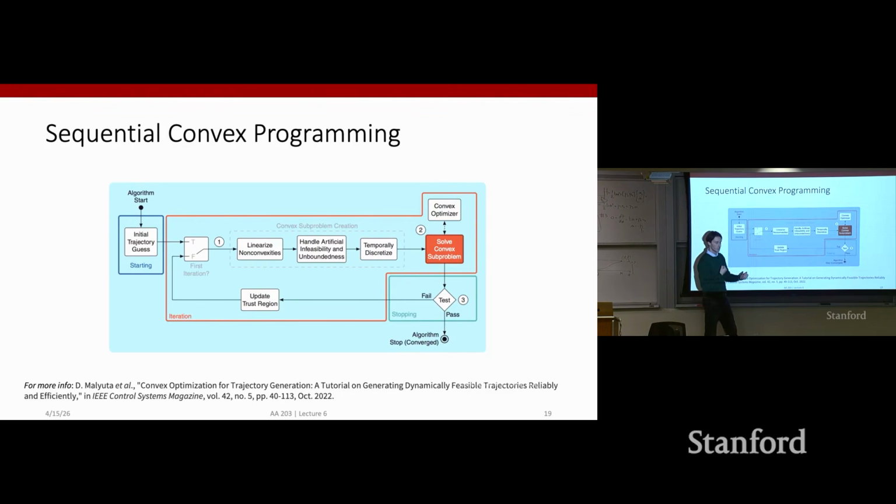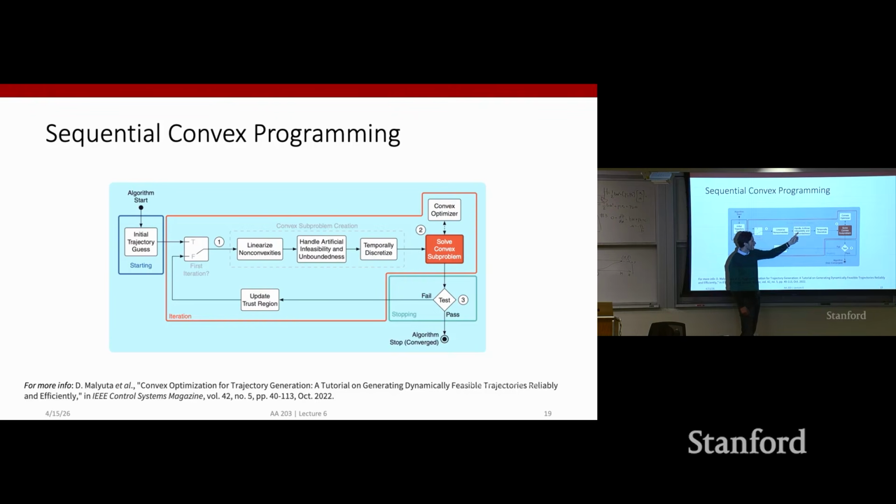The difference between a naive implementation and a state-of-the-art implementation lies in these two boxes, whereby since we are introducing this surrogate problem, which is on one hand easy to solve because it's convex, it could introduce some additional problems. Two specifically relevant ones are artificial infeasibility and artificial unboundedness.